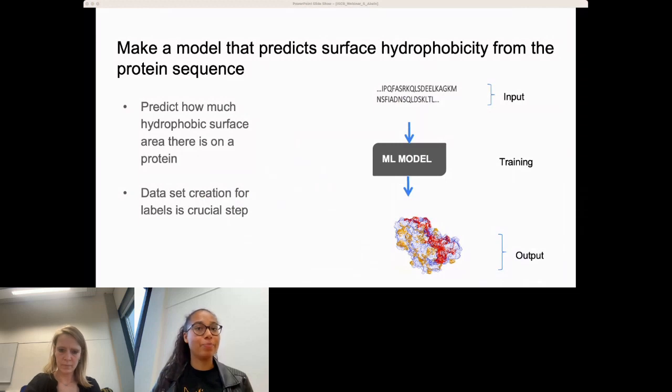So here the model input would be the amino acid sequence of a protein. Then it goes into our machine learning model, which is a black box. And the output would be, okay, how large is the hydrophobic surface area? And now what's really important for training these models in this case is, okay, how do we actually define what the surface area of a protein is. So if we go to the next slide.